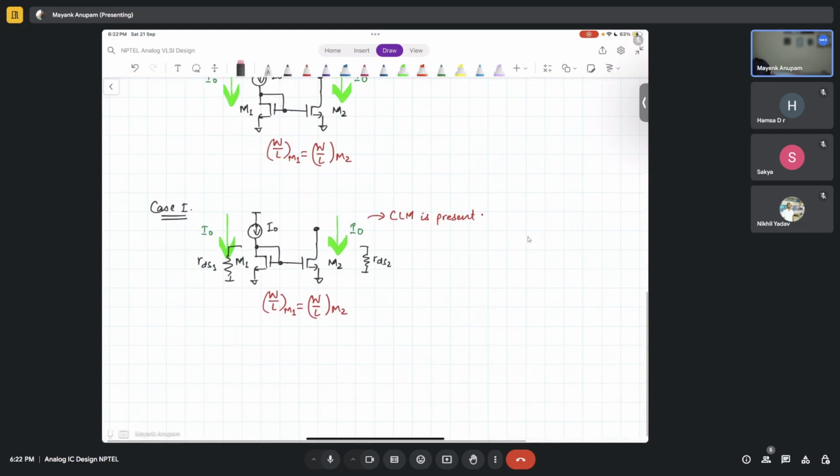RDS is 1 over lambda times ID, right? So you are saying that if the current is the same for both, then RDS is the same. But that is like flipping the argument.